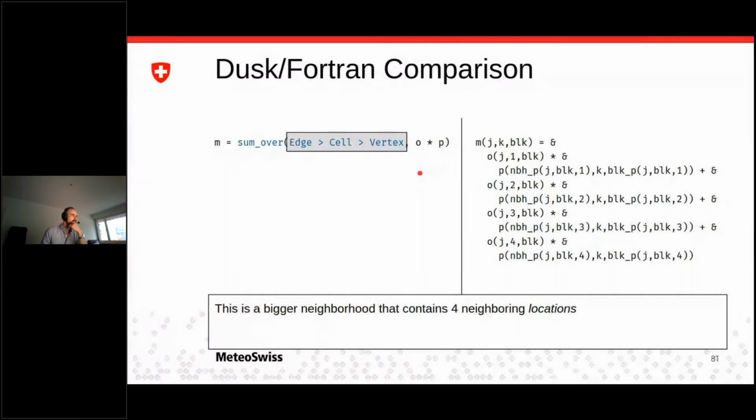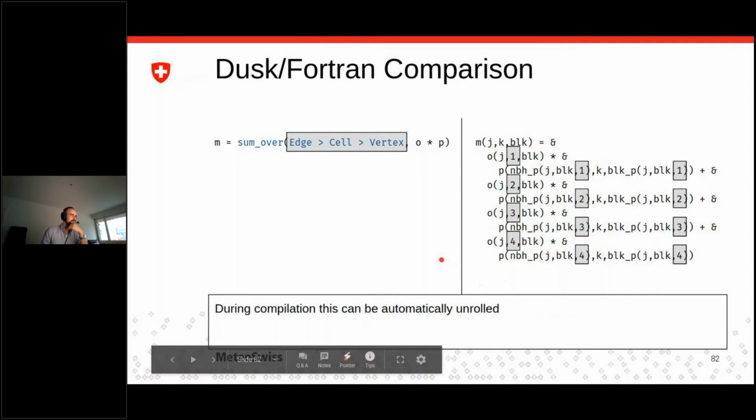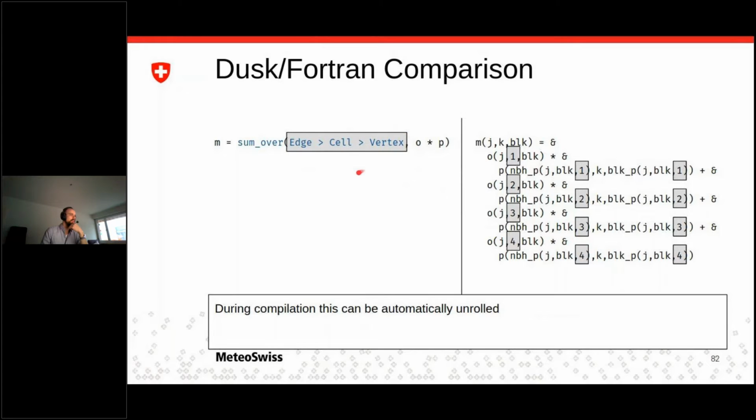So this is a bigger neighborhood. It contains 4 neighbor locations, and you can see how in Fortran, for each of those 4 neighbors, we have to repeat this expression and then adjust this index here. Apart from this, they are all copy-clones. And because we describe this on a higher level, Dusk can automatically unroll this expression correctly and fill in all these indices for us.